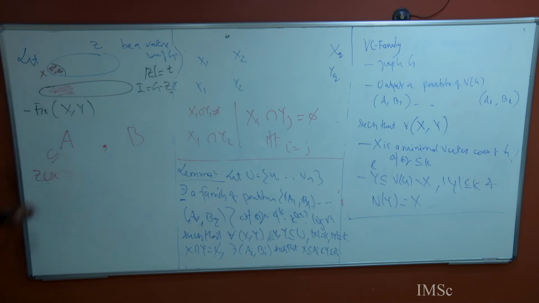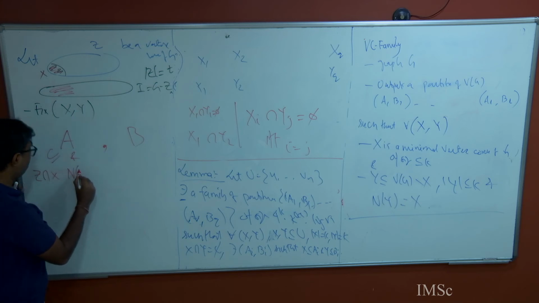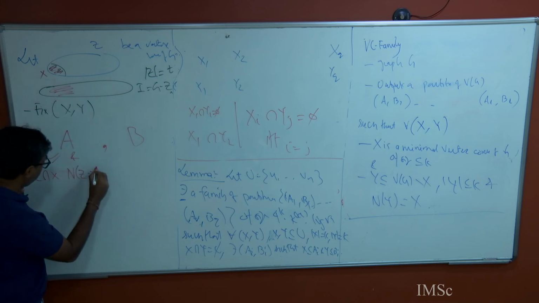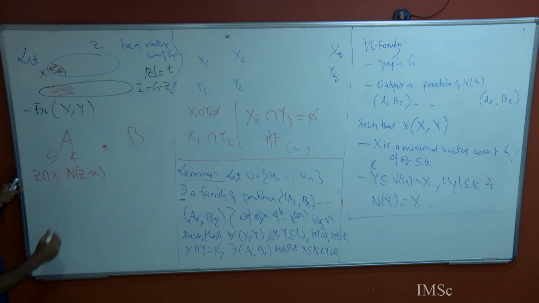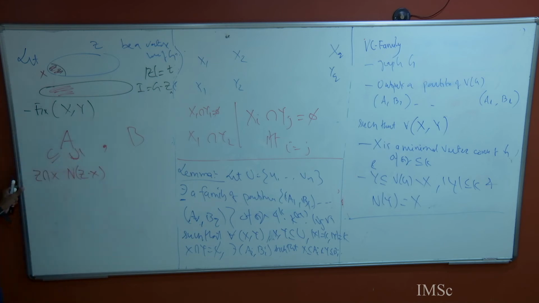Right? So what does A contain? Z union X, Z, not, sorry, what am I writing? Z intersection X and neighborhood of Z minus X, right? This is what my A is, right?